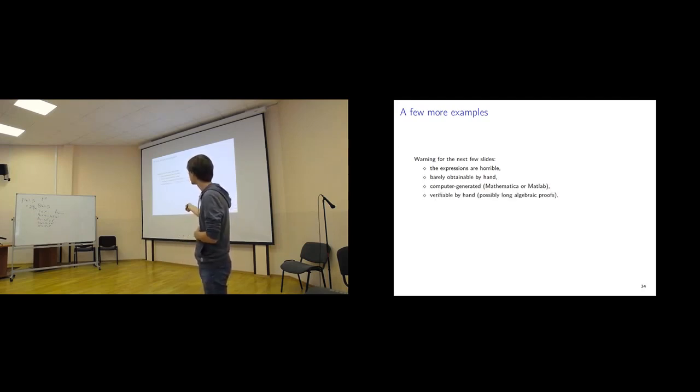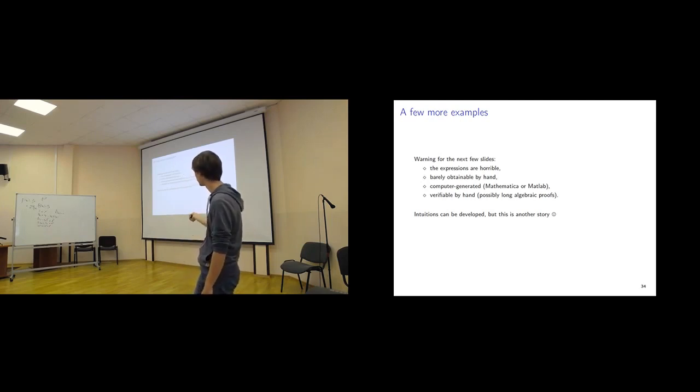I think they are not obtainable by hand, but they are easy to verify by hand. I did it, so I'm pretty sure. I'm not talking about any intuition about those rates. The point of view I want to defend is that we are looking at the structure and intuition of what a proof should look like, but not at all at how the algorithm should behave.